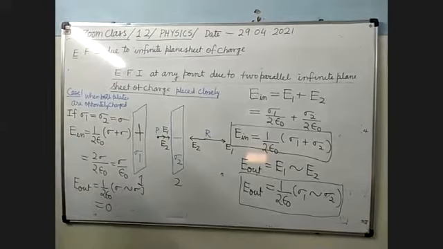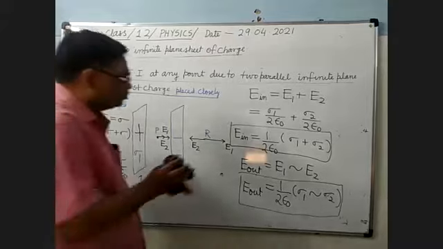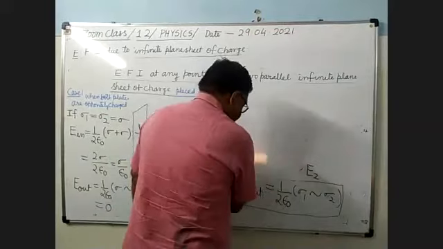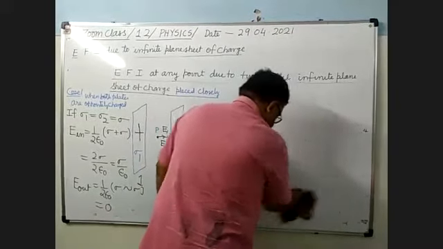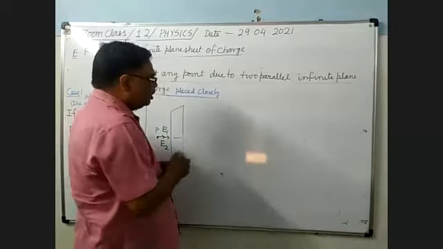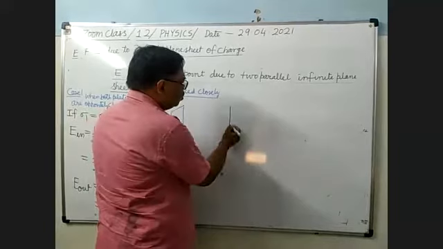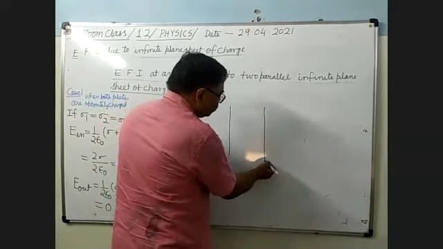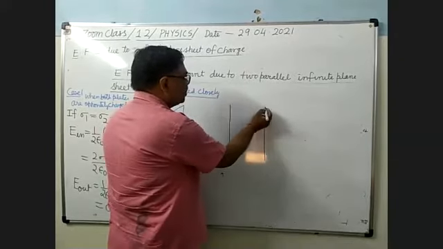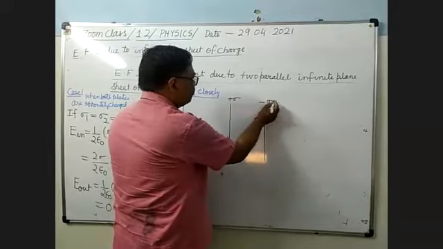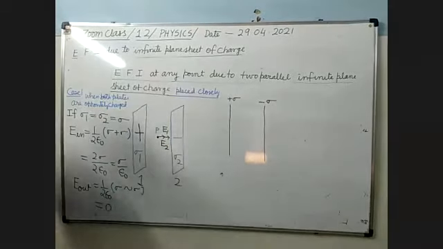Now I will show in the diagram. You can see here, suppose these are two infinite plane sheets of charge placed parallel to each other, such that their inner surfaces have surface charge density plus sigma and minus sigma.